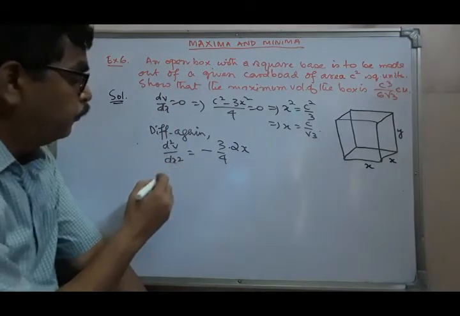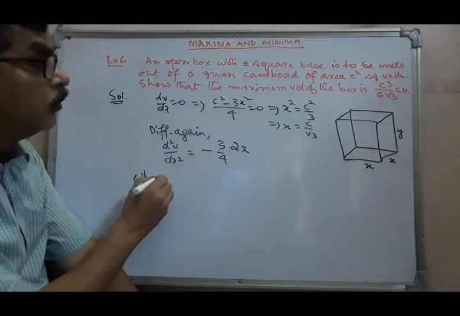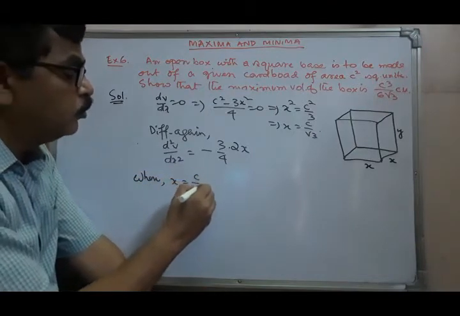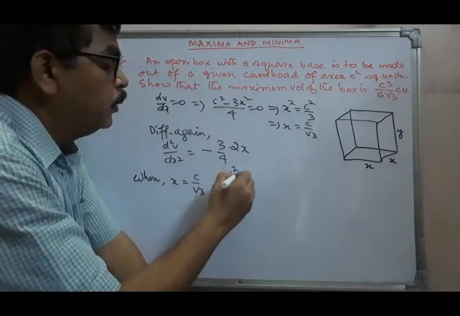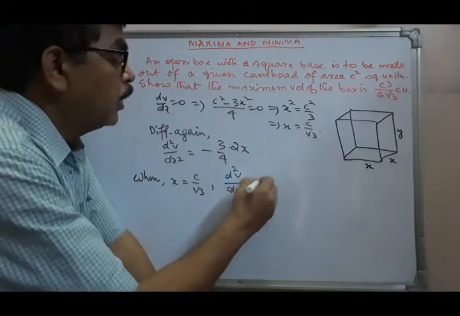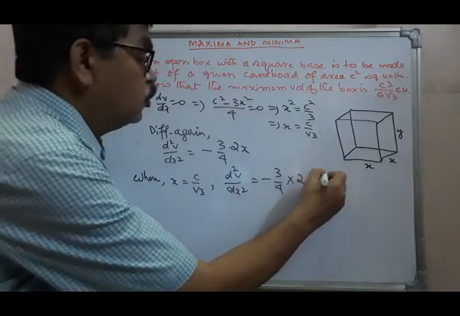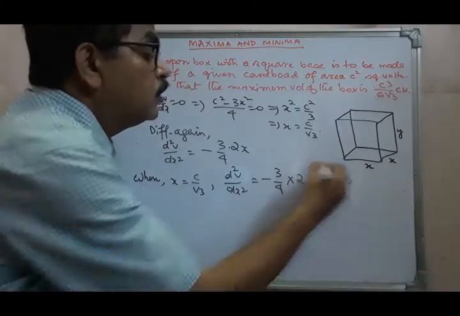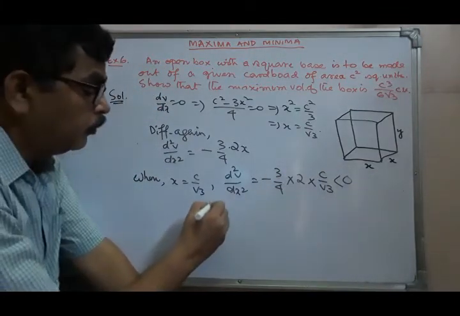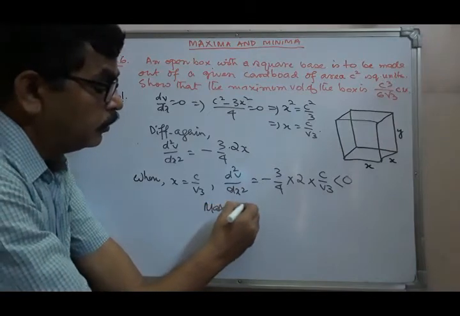So therefore, when x equal to c by root 3, d2v by dx2 equal to minus 3 by 4 into 2 into c by root 3, which is less than 0. Therefore, maxima.